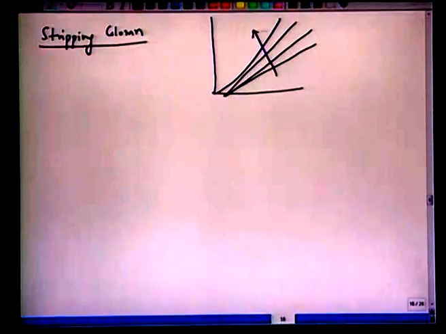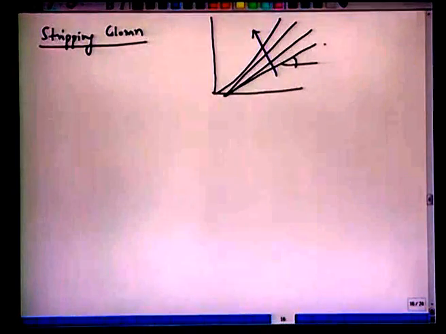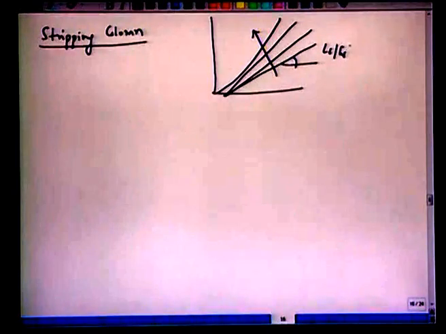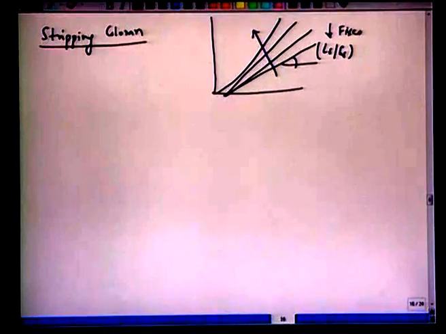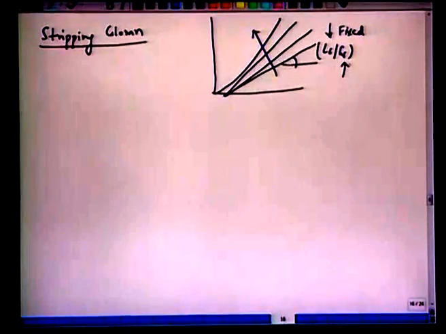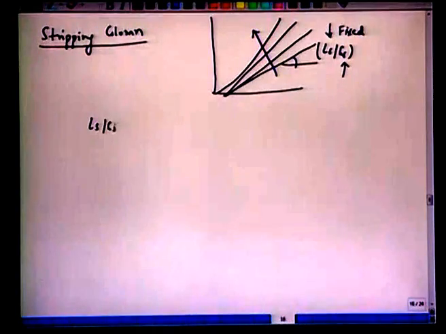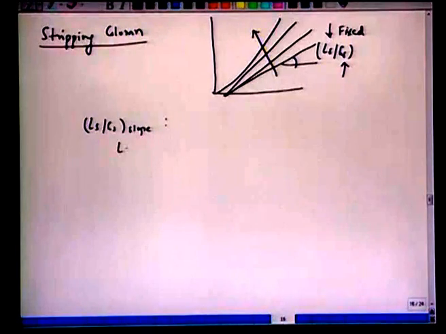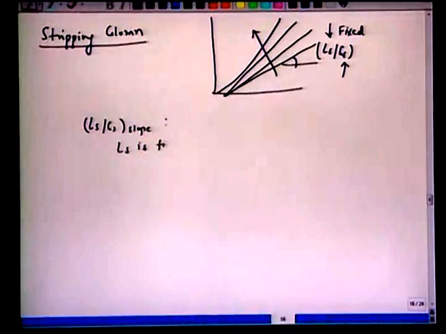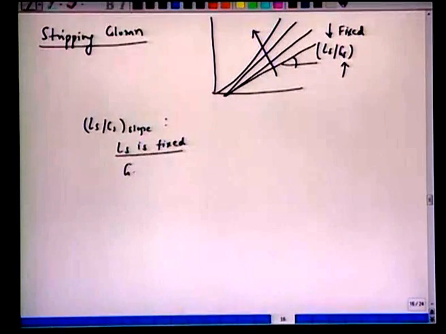So this is the way it moves, and this is LS by GS. Now Ls is fixed and we change Gs. Okay. So if Ls by Gs, that's the slope we want to address. Ls is fixed. If Ls is fixed, and let's increase Gs.